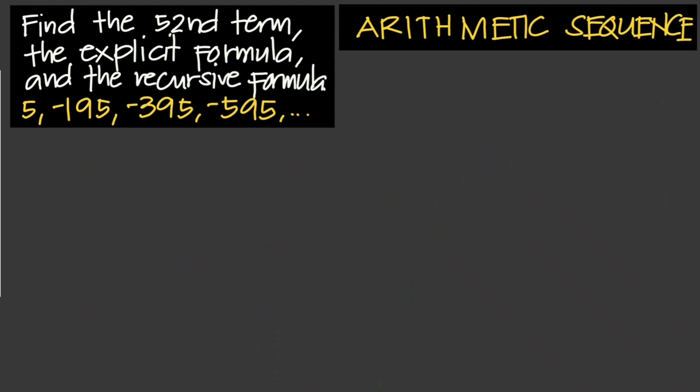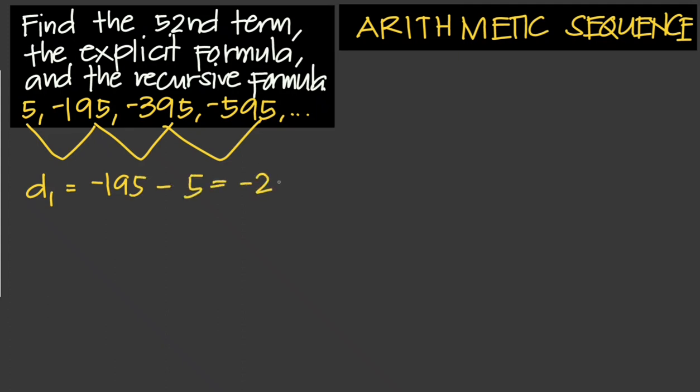So let's try another problem here. We're given this arithmetic sequence: 5, negative 195, negative 395, and negative 595. First we get our common difference, that is negative 195 minus 5. So this is negative 200.